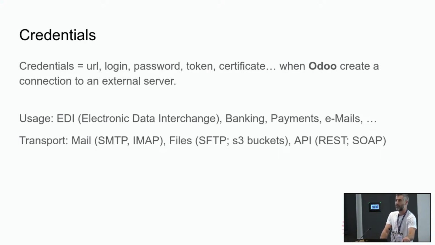It's really the important part, because in this kind of service connection, you have to know where to connect, and login passwords usually should be readable from the Odoo Python code. So the usage is EDI, banking integration, payment providers, of course emails. It can also be transport systems like delivery. And about protocols, it's SMTP, IMAP, SFTP, or REST, HTTP.